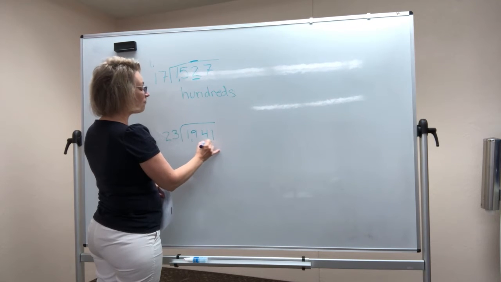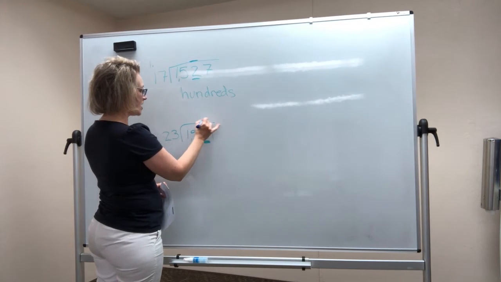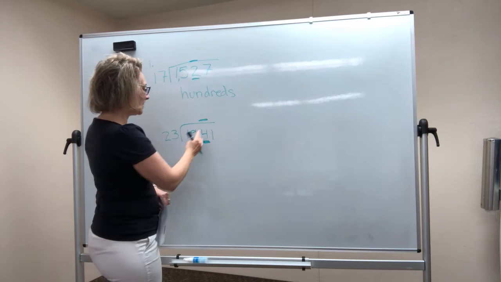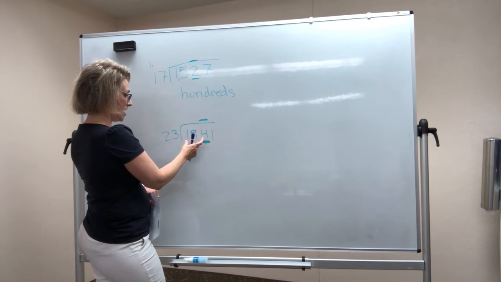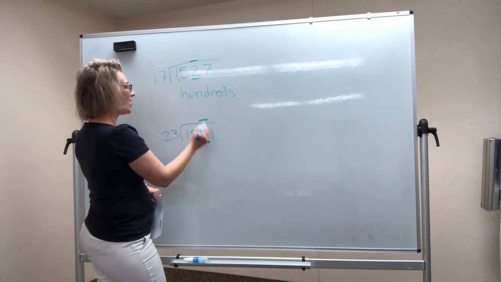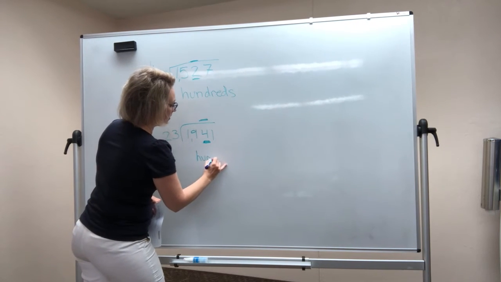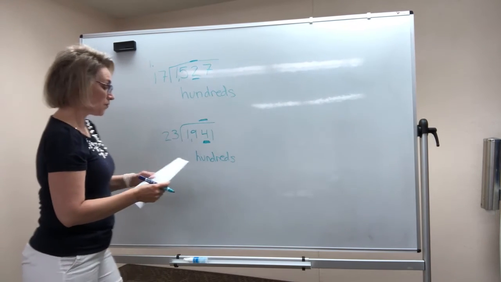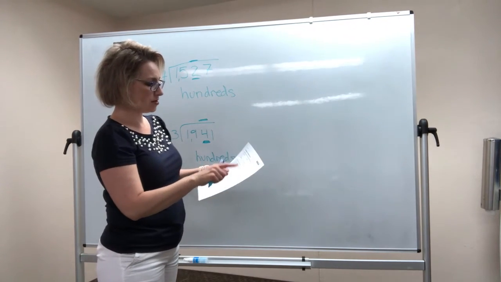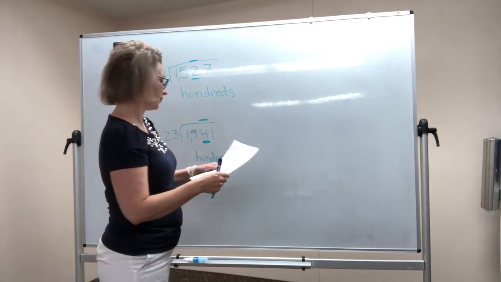So the 4 is the last digit of the number you're going to start dividing, the 194. Again, this one is the hundreds place. That's what you're going to do on numbers 1 through 8.